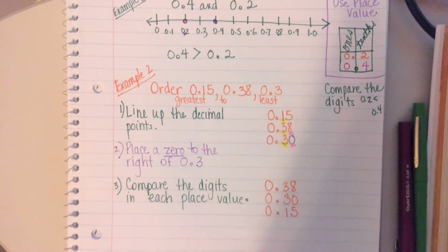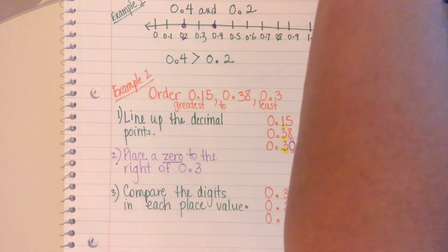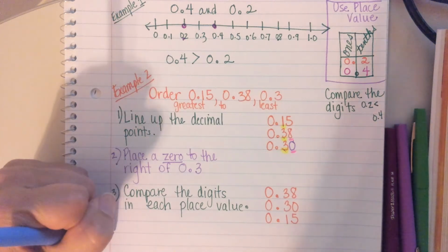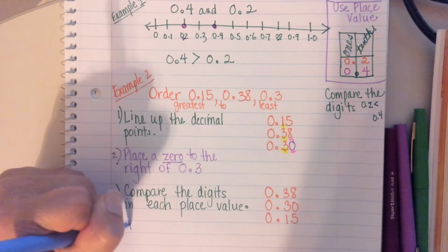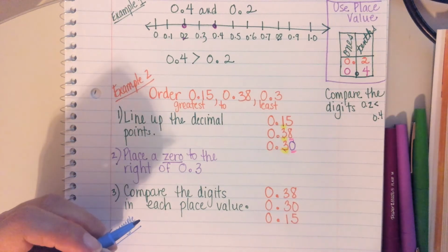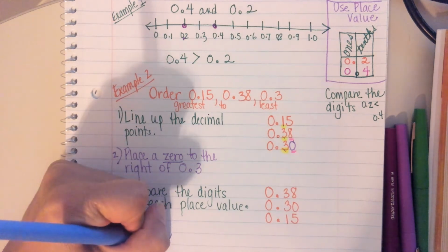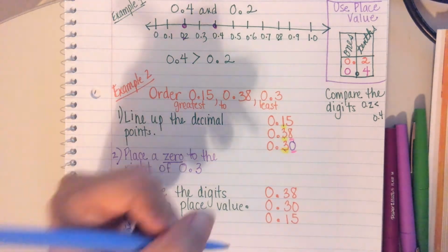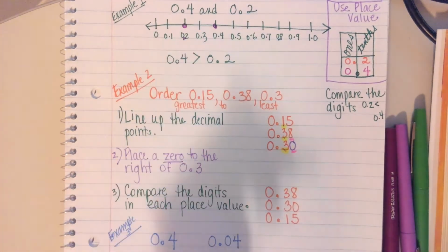Right? And then I've got like a little final example to leave you with, and I kind of love this. Example 3. We have 4/10 and we have 4 hundredths.